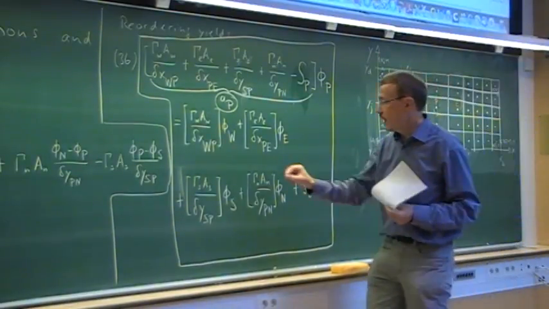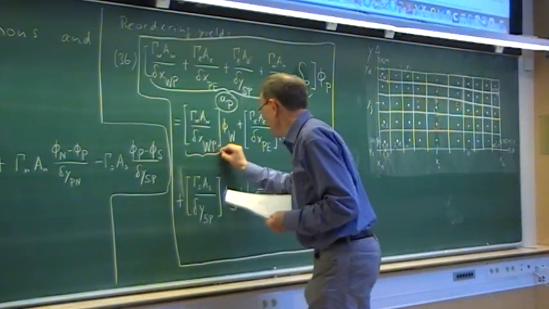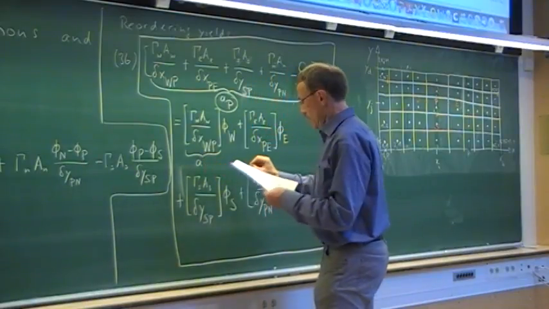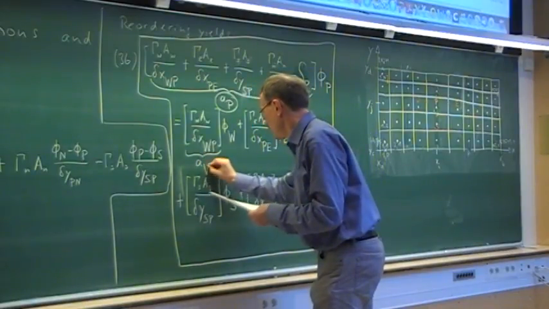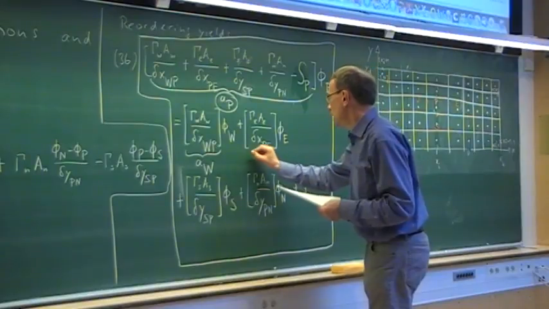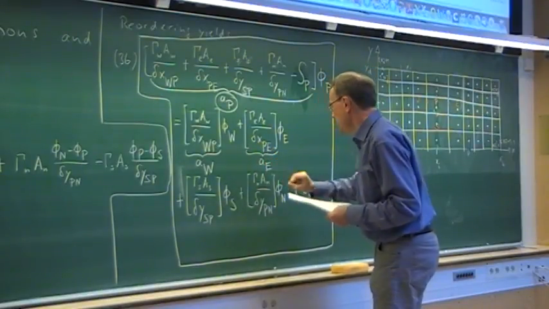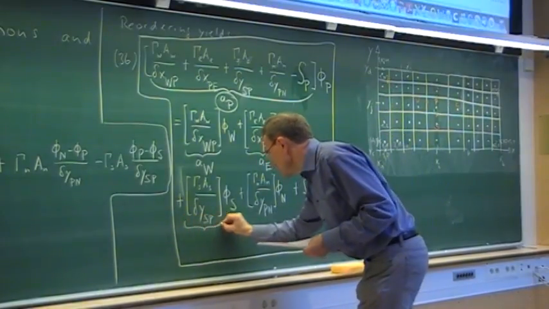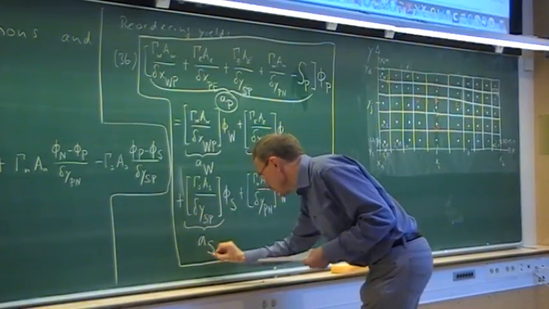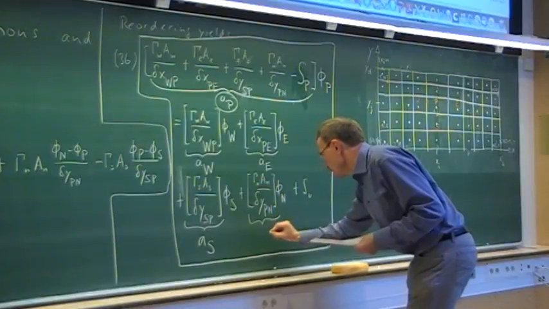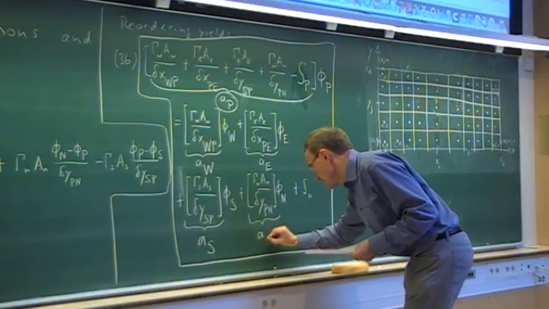And here we have then the AW, and that is capital, and this is the A capital E, this is the A capital S, this is the A capital N.